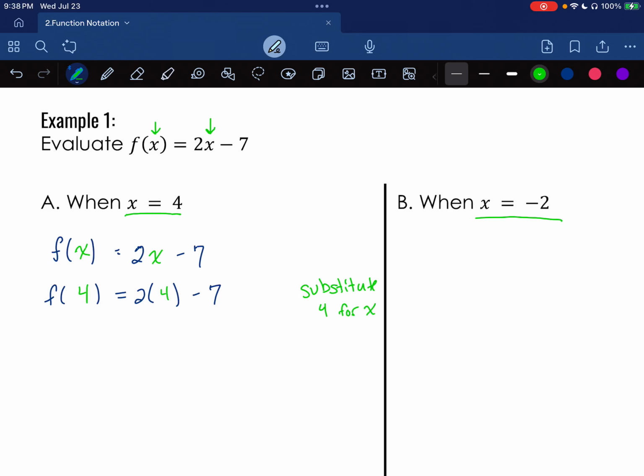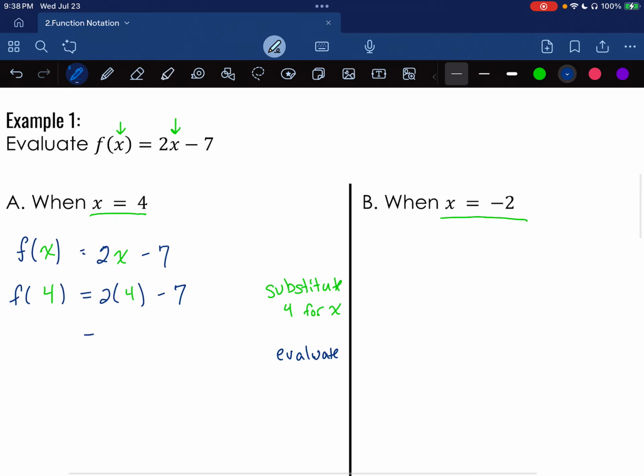And now I'm going to evaluate, looking at order of operations and cleaning this up. Well, a better word would be to simplify, I'm being really picky about my vocabulary. So this is going to look like 8 minus 7. I'll do that subtraction and I'll get out 1.